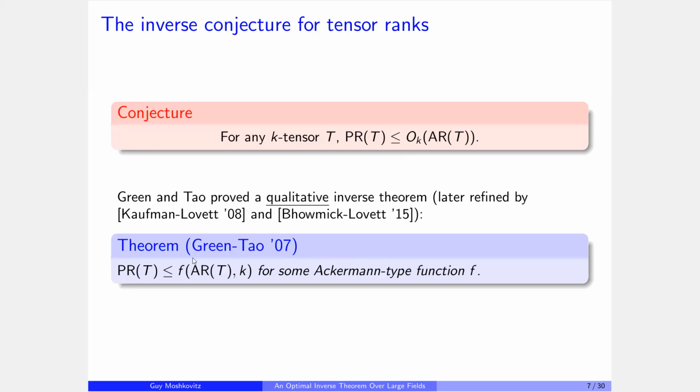You can go over the proof of Green and Tao, or rather the refinements by Kazhdan and Ziegler and Bhowmick and Lovett, and then you will get an Ackermann type bound. An Ackermann type function is a function that goes much faster than a tower of exponentials. It's an iterated version of a tower of exponentials, and it's actually much bigger than that. Anyway, it's a qualitative bound, not a quantitative bound.